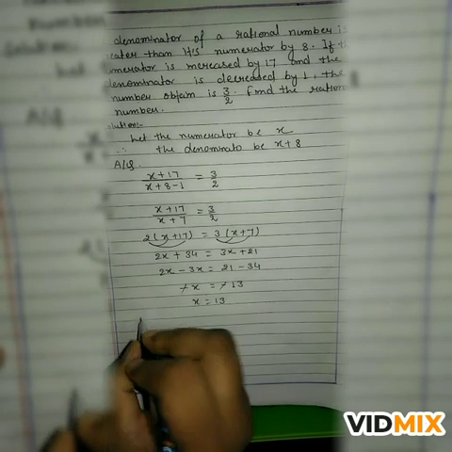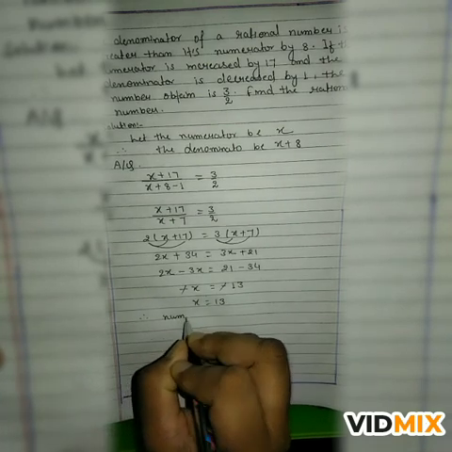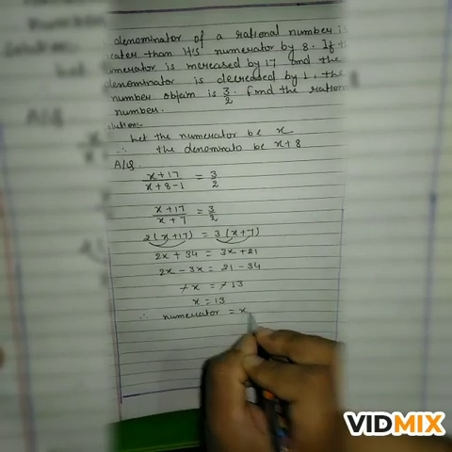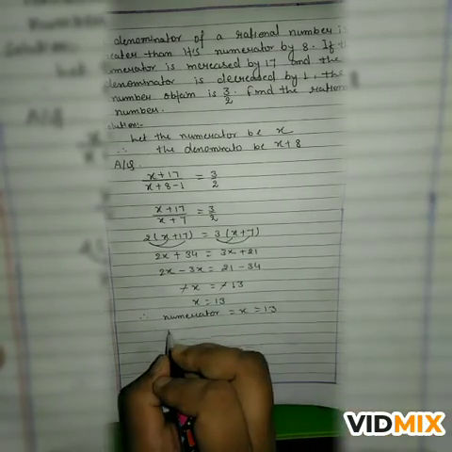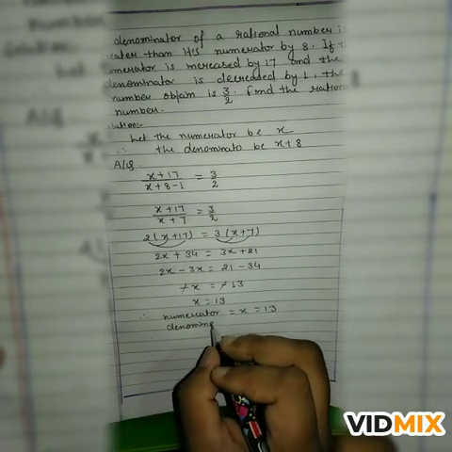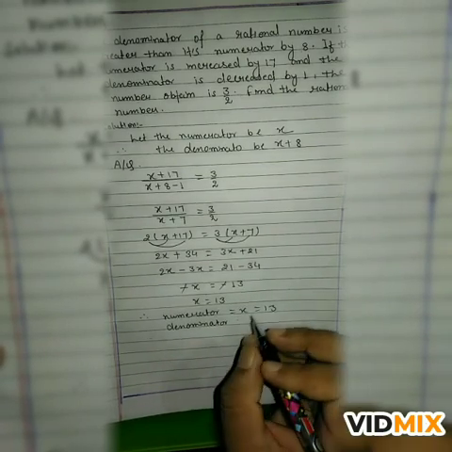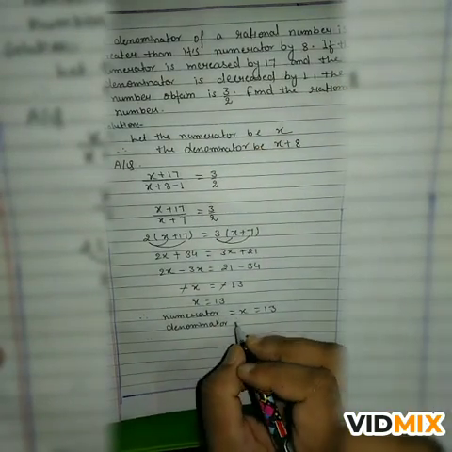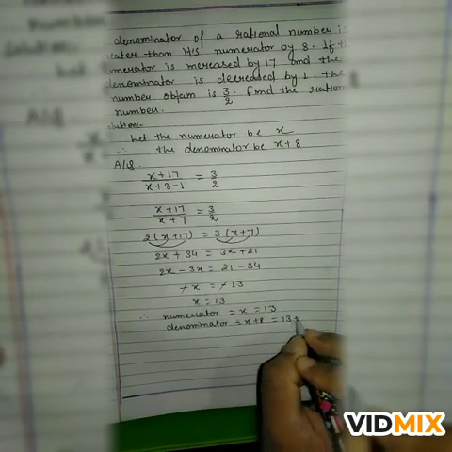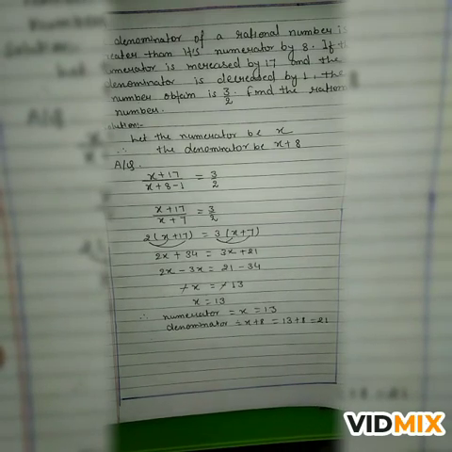Therefore the numerator is equal to x, equal to 13, and the denominator, x plus 8, means 13 plus 8, is equal to 21.